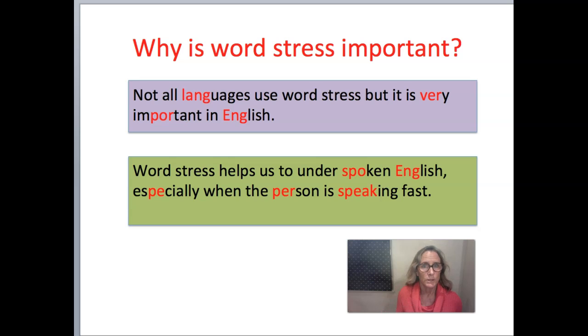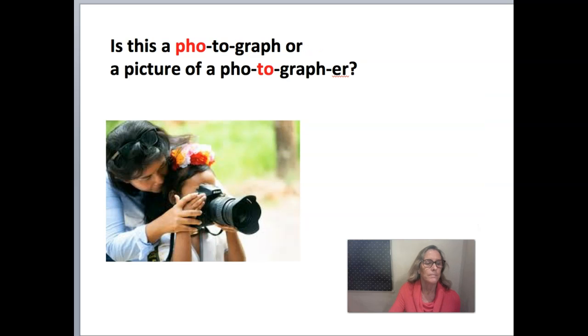It will help your pronunciation, and these rules you can use when you're reading. You can't count syllables when someone is speaking. You're focusing on what they're saying, not the sounds. But when you're reading, these rules will help you figure out which syllable is stressed, and then that will help you when you're listening or speaking.